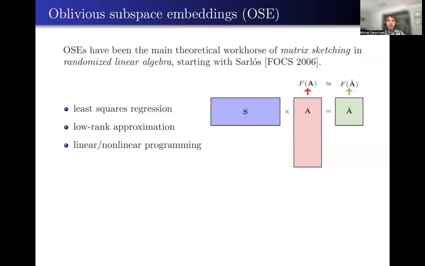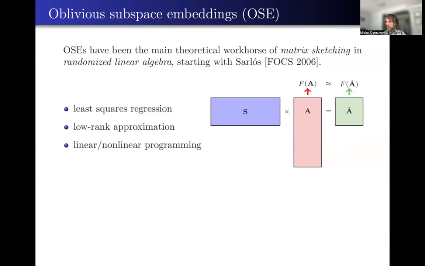Okay, so these oblivious subspace embeddings have been studied for quite a while, and in fact have been one of the main tools, both theoretically and algorithmically, in using the so-called matrix sketching and developing algorithms for randomized linear algebra, right?